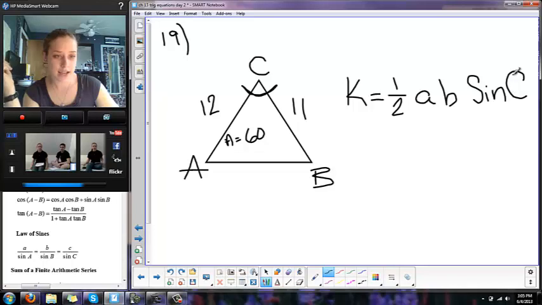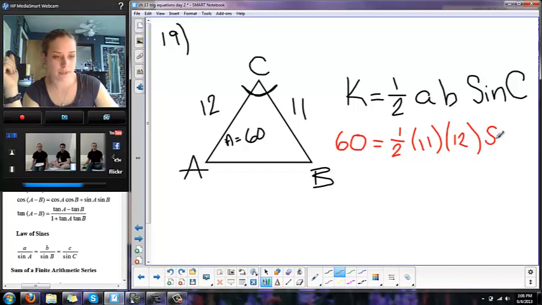And then the sine of angle C. So we know that the area is equal to 60, so we can plug in all the things that we already know. So 60 is equal to 1/2 times 11 times 12 times the sine of C. And C is what we're solving for.